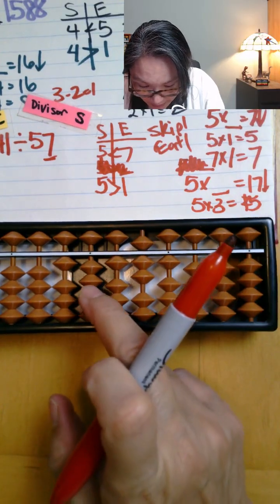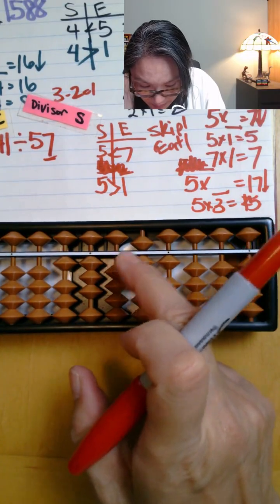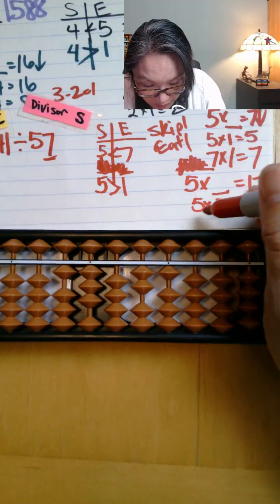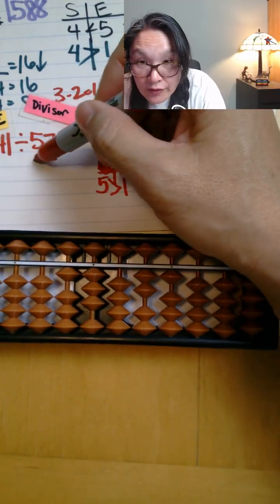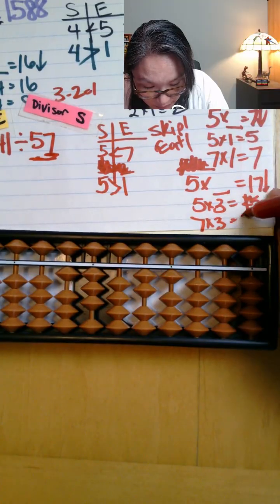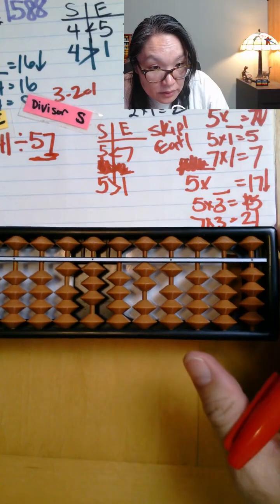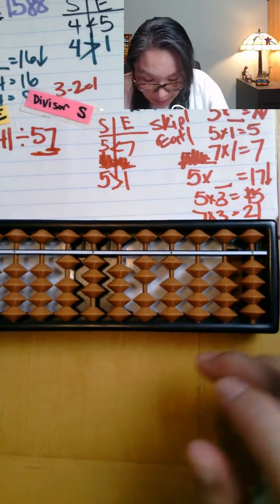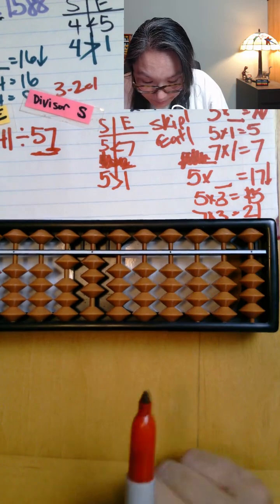So I add 3 here, take away 1, take away 5. Whatever I do to the 5, I gotta do to the 7. 7 times 3 is equal to 21. Run that back? Okay, I will. So we take away 20, take away 1.